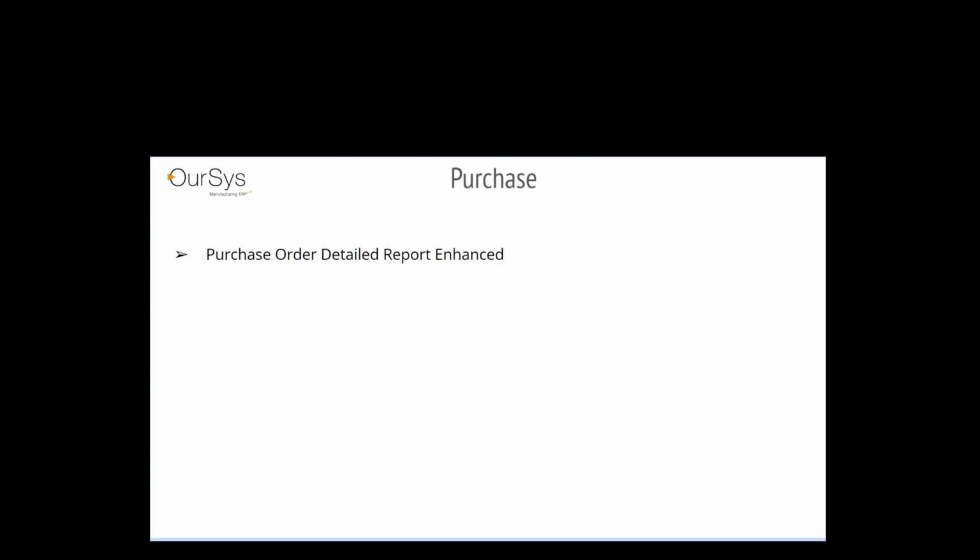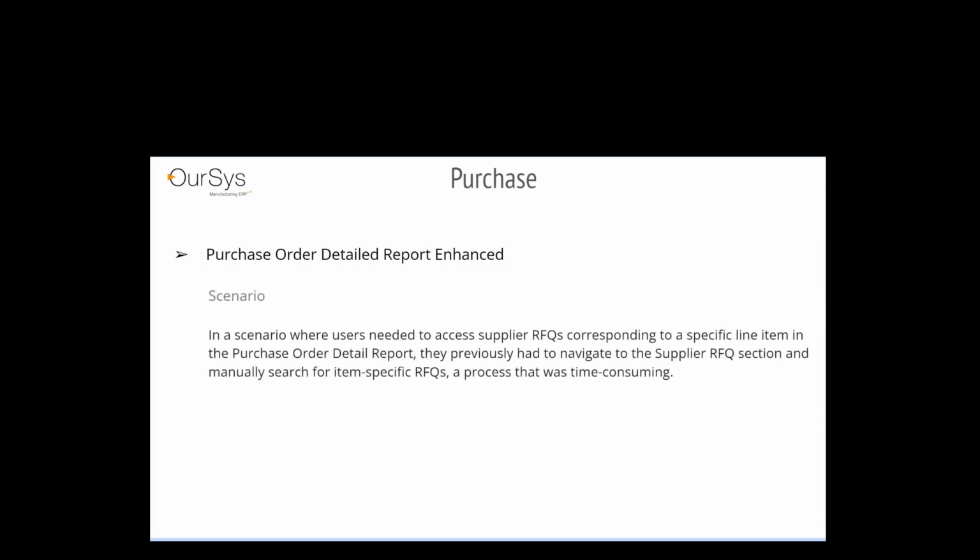The next provision is purchase order detailed report enhancement. Previously, a user needed to check a supplier RFQ separately to find the RFQ related to the specific line item in the purchase order detailed report. This was a very time consuming process because the user had to manually search the RFQ for the rate of the line item.